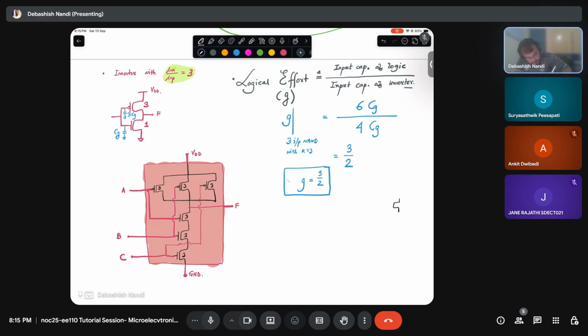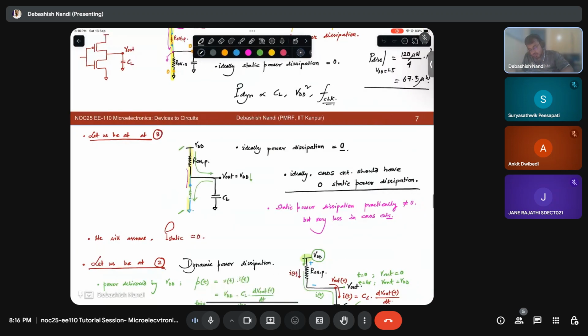If a transistor with size 1 has an input gate capacitance of Cg, what will be the input gate capacitance of a transistor of size 3? What is the size of this? 1/2. You remember, last time we had shown this.